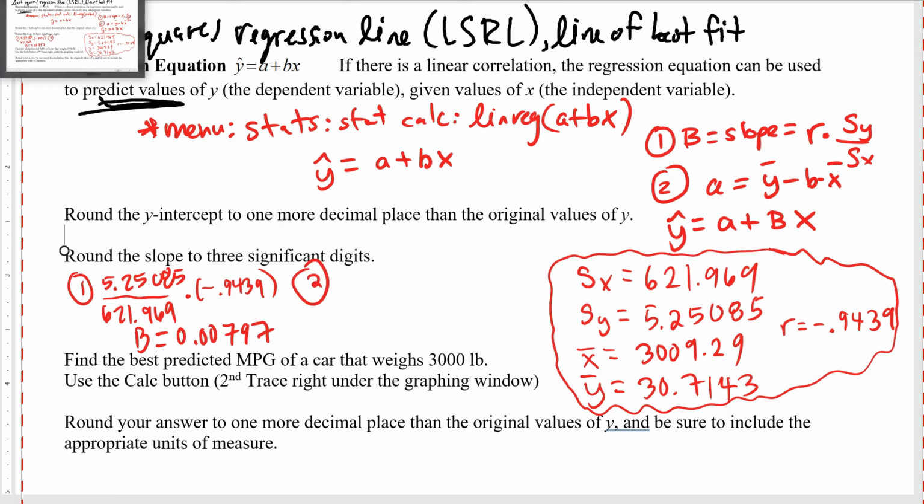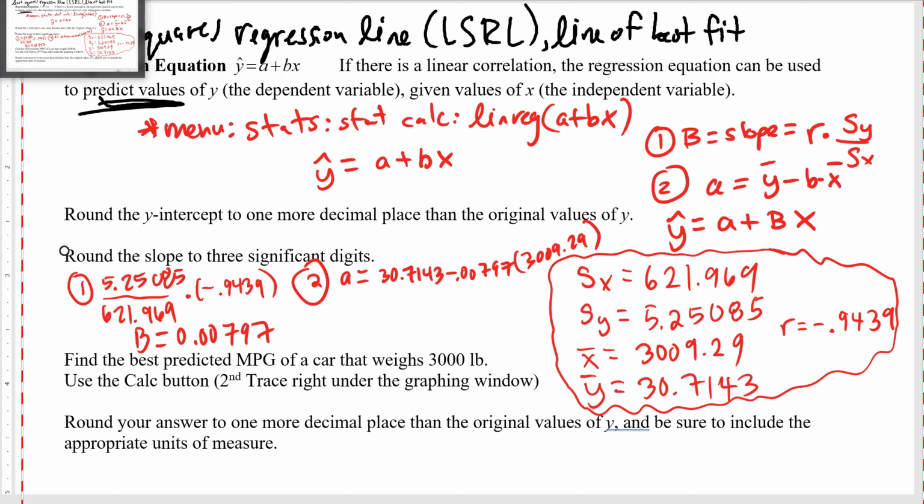How do we get the y-intercept? Well, a is equal to y bar, which was 30.7143, minus b, that 0.00797, times x bar, which is 3009.29.